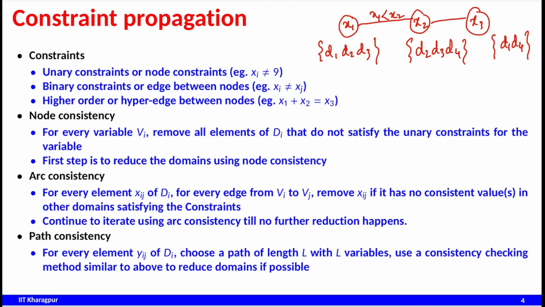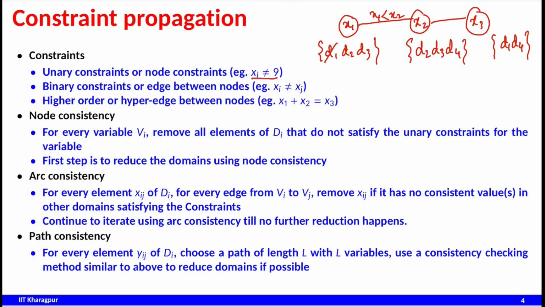First of all, we need to handle the constraints. The constraints can be unary constraints, like if I specify xi is not equal to 9. Let's say I say x1 is not equal to d1, then I can simply remove d1. So I can reduce the search space, or reduce the domain values.